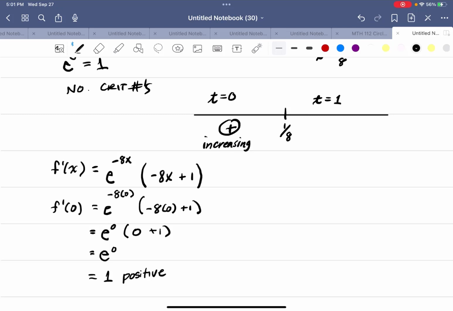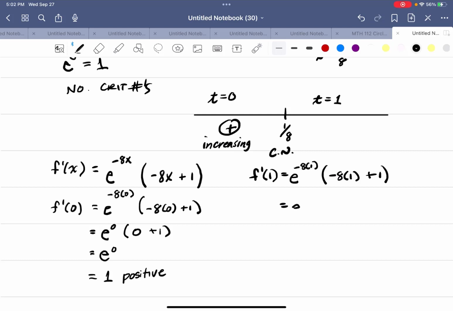Now, on the right side of my critical number 1/8, I'm going to substitute a 1 into my derivative. e to the negative 8 times 1, times negative 8 times 1 plus 1.